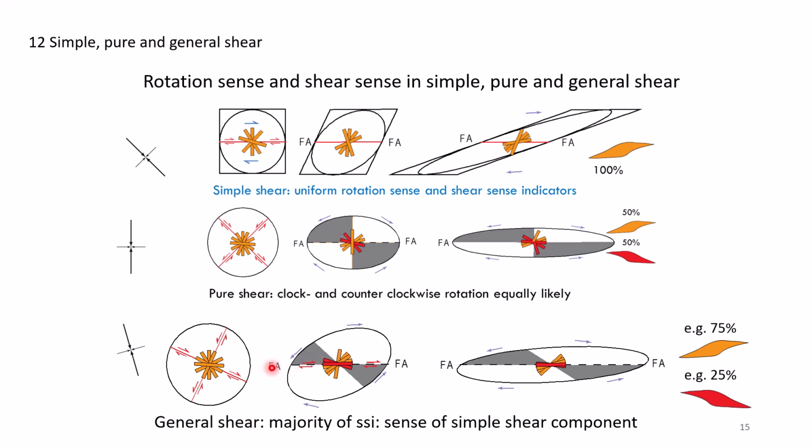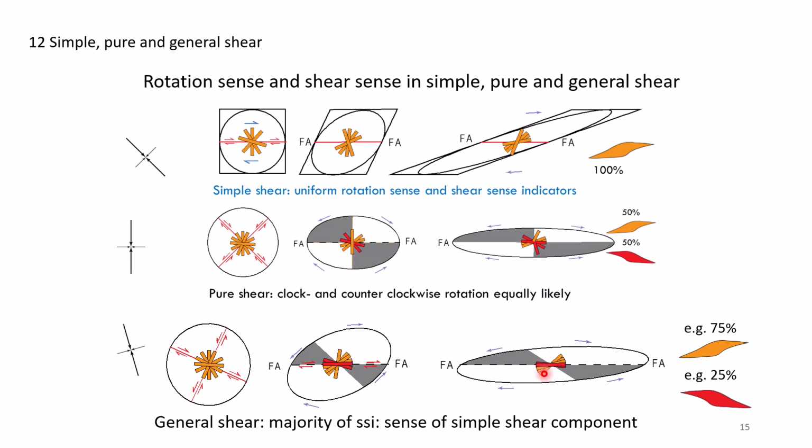In this situation here, for instance, we will find a minority of strain markers oriented in such a way that they will rotate counterclockwise towards the fabric attractor and accordingly develop top to the left shear sense indicators. The majority of strain markers will rotate in a clockwise sense towards the fabric attractor, and accordingly they will produce a top to the right shear sense indicator such as sigma clasts or delta clasts.